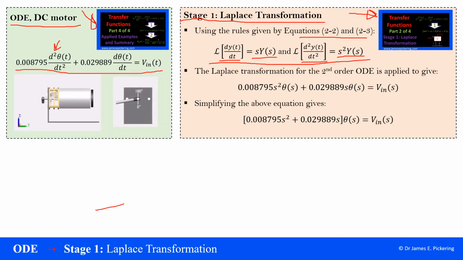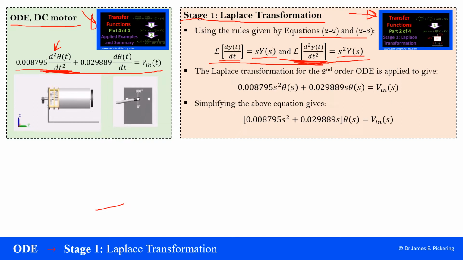So what I said is that we're going to undertake the transformation. Looking back at this equation, if we look at the second derivative, d squared theta of t over dt squared, that is given by this rule here, where y of t is the output, here just theta.